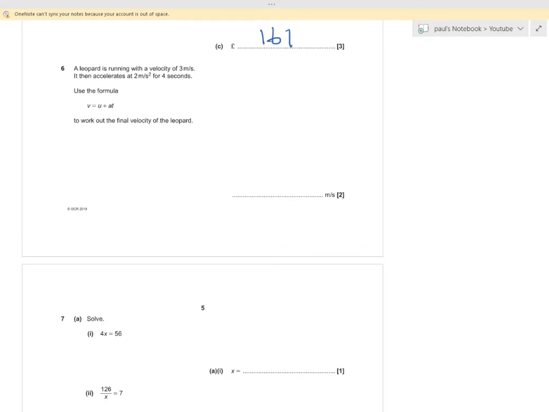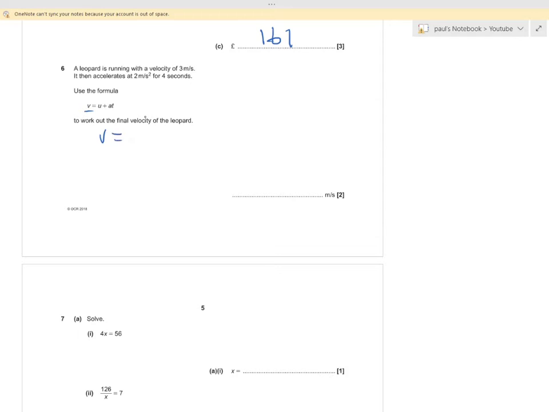Right, a leopard. Oh, a leopard. What's a leopard doing? Right, a leopard is running with a velocity of 3 meters per second. Oh, it's one of these again. He accelerates at 2 meters per second squared for 4 seconds. Use the formula to work out the final velocity. So I'm working out the final velocity, the v.